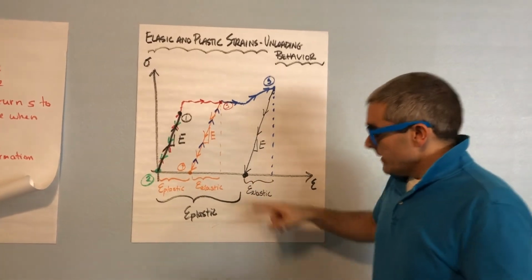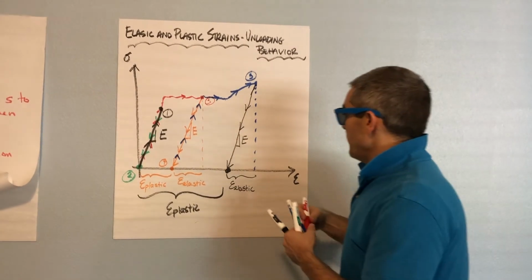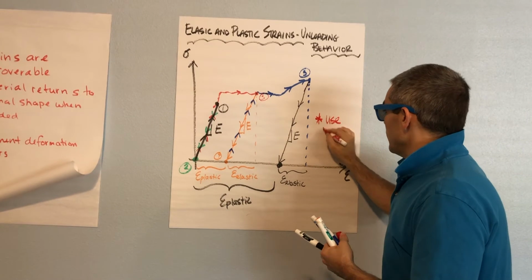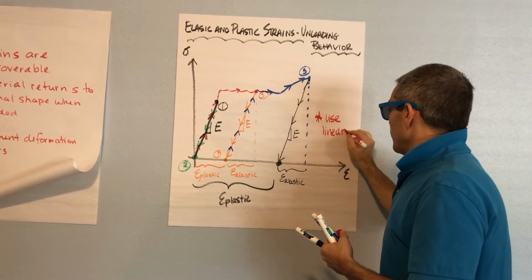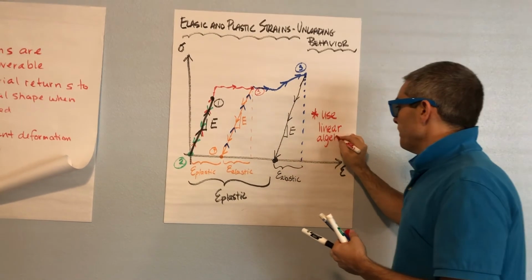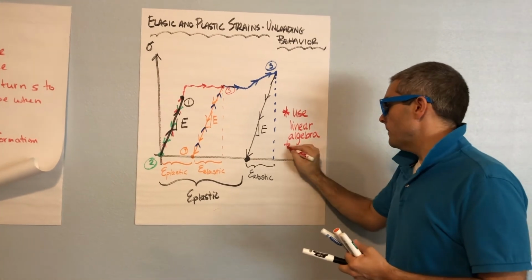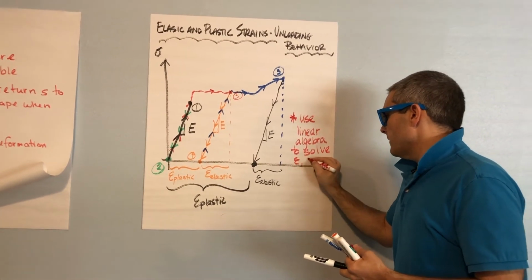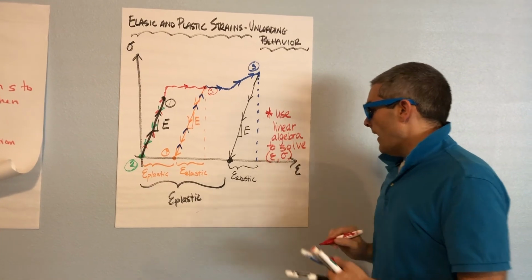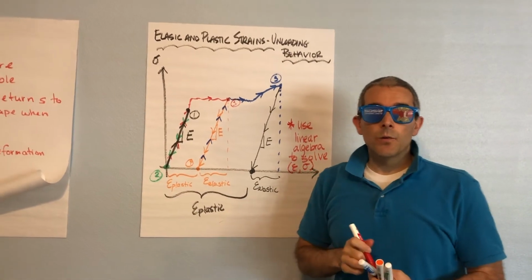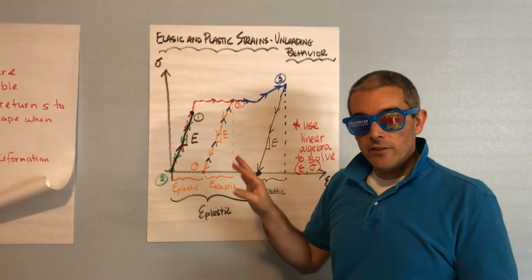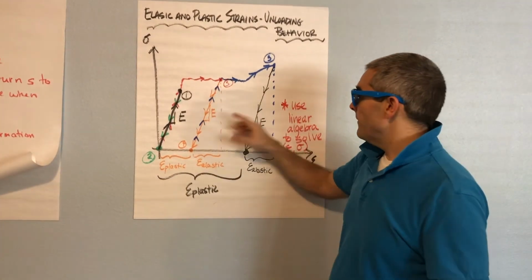Now to figure out what some of these points are, I'll just make the general note: we can always use linear algebra to solve our epsilon, sigma coordinates on the stress strain curve. So this is all just a big linear algebra problem, right?